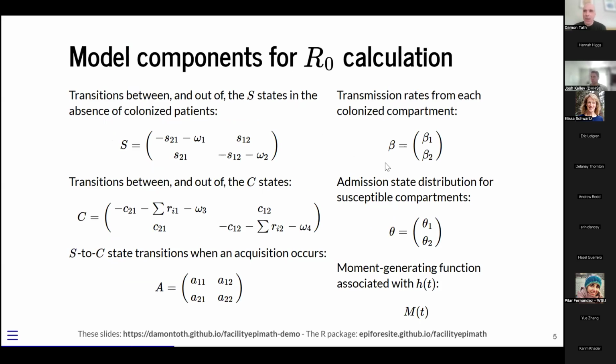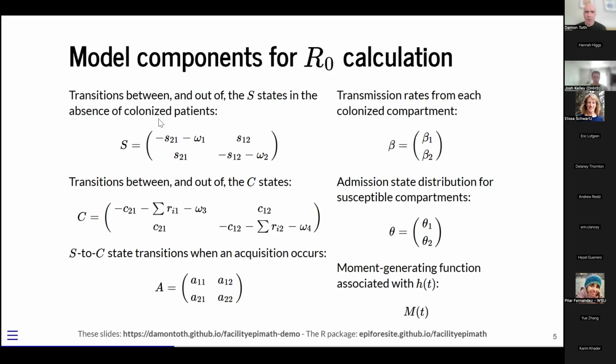So now I'll describe some of the pieces that go into the R package functions. This is the way that someone using the R package has to break up the equations that I showed in the last slide into the pieces that the model needs to calculate R naught. First, there's a matrix because there are two susceptible states. The S matrix is a 2x2 in this case.